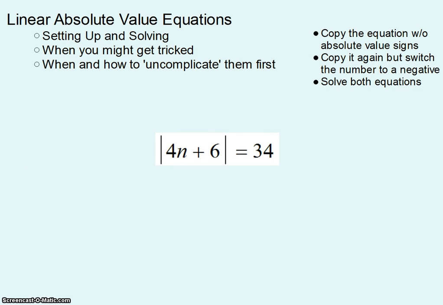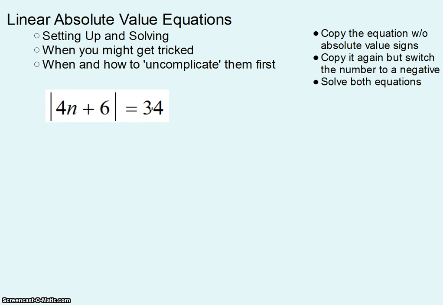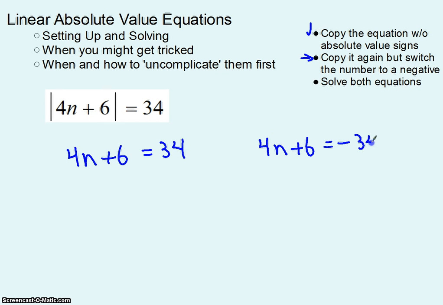So we're going to go on and take on another problem, but we'll use that same idea. I've left the notes over there on the side again. So let's start by copying the equation straight away. Don't change a thing. Just delete the absolute value signs. Done. Then copy it again right here, but switch the number to a negative. So we'll write 4n plus 6 equals negative 34.